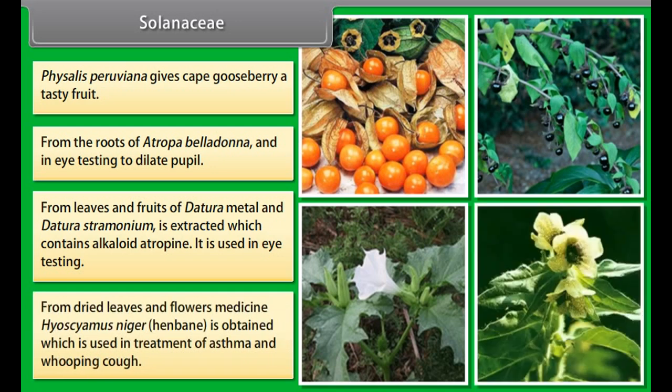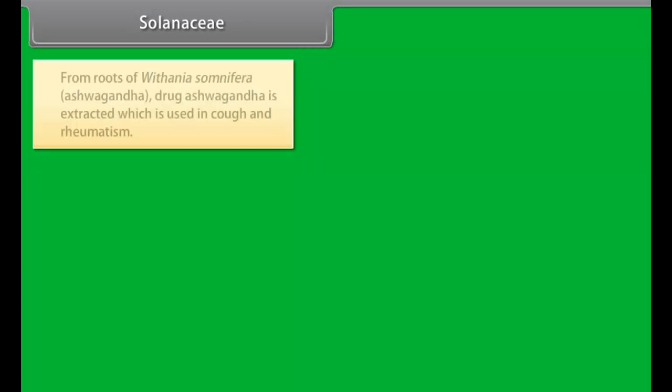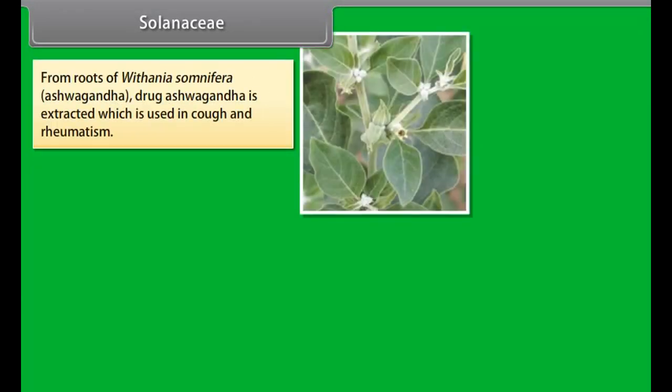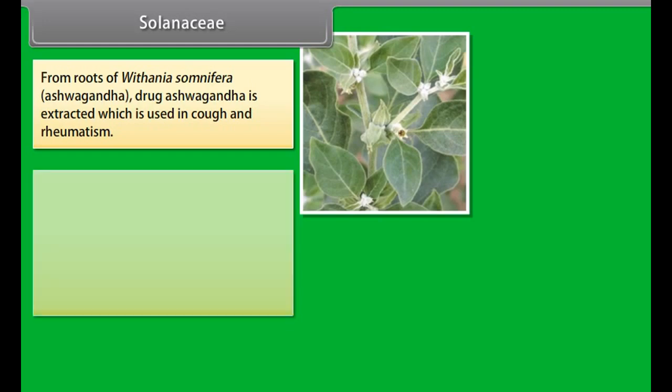From dried leaves and flowers of Hyoscyamus niger, henbane, medicine is obtained, which is used in treatment of asthma and whooping cough. From roots of Withania somnifera, ashwagandha, a drug is extracted, which is used in cough and rheumatism.